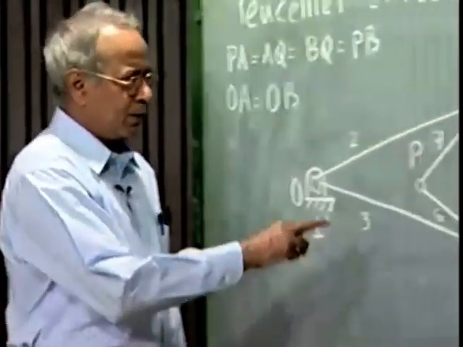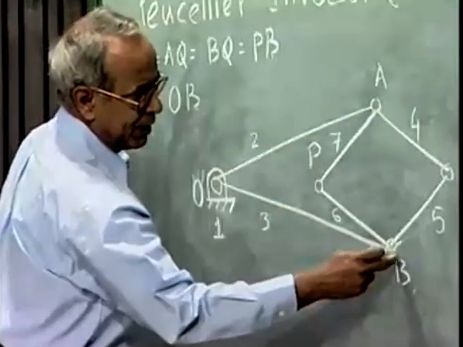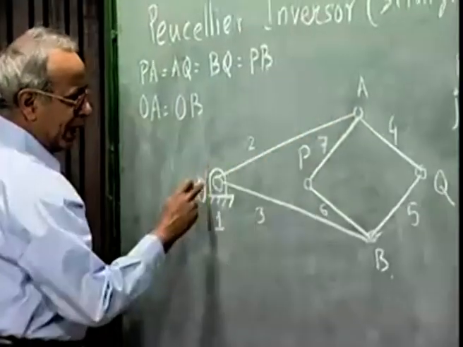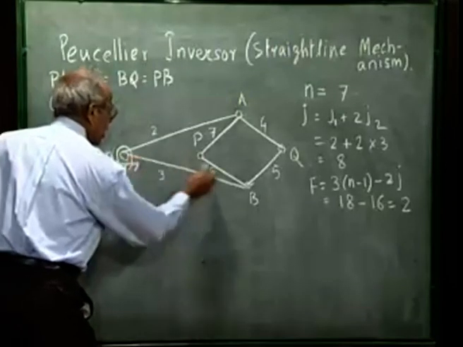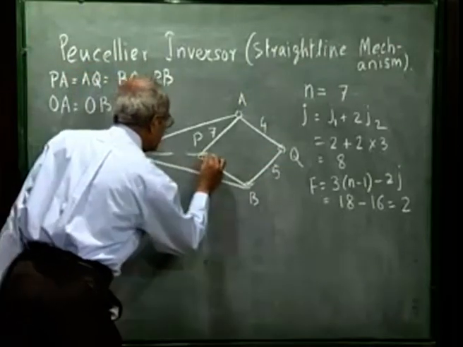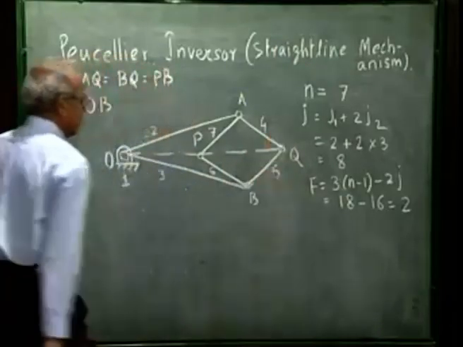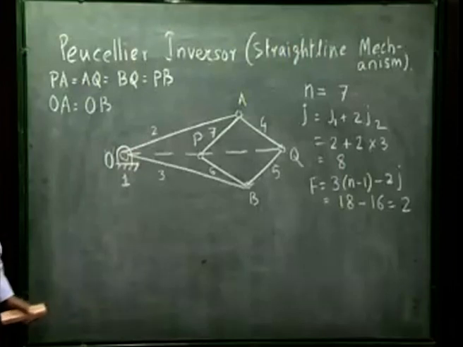Now, due to these geometric constraints, that the figure APBQ is a rhombus and OA is equal to OB, we find that however Q moves, these 3 points O, P and Q must lie on one line. Why?